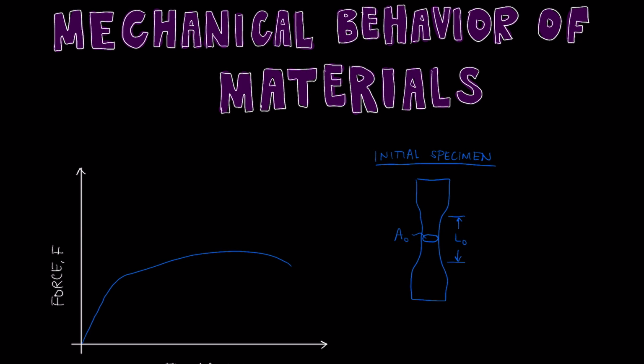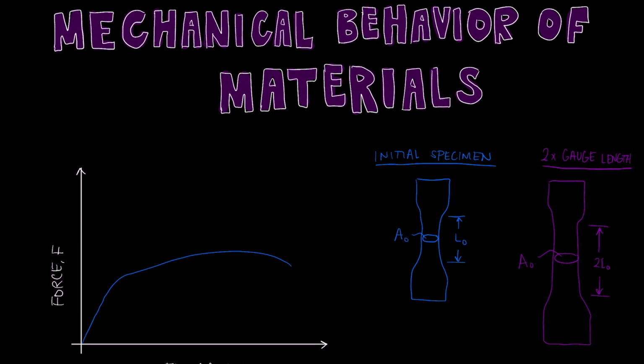Now, let's say that we decide to test another sample. This sample is going to be made of the exact same material, but let's just double the gauge length, so that our new specimen would look like this. Say we hold the cross-sectional area constant.